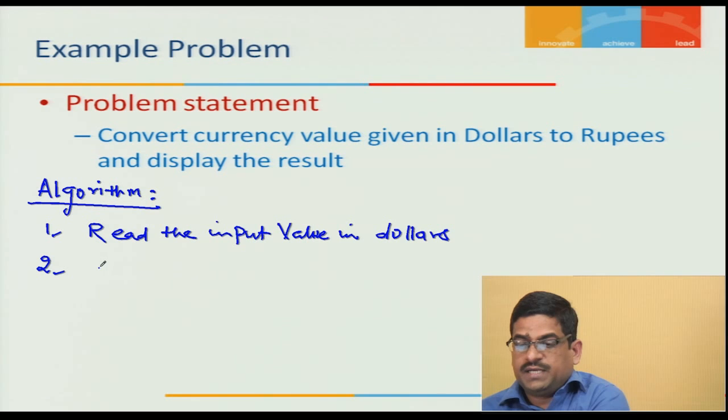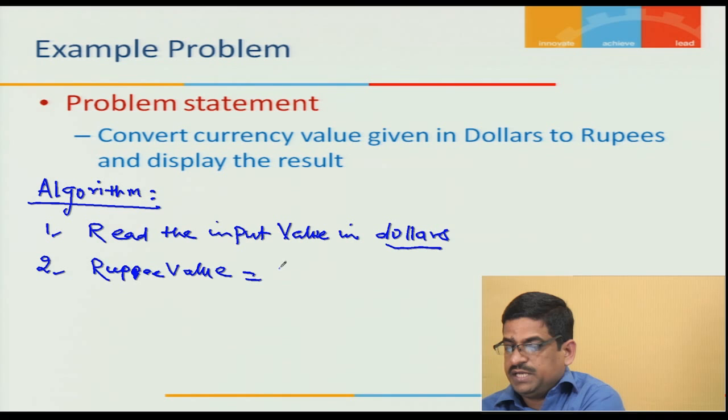Then the second step: I need to calculate the corresponding rupee value of that dollar. So the rupee value equals the exchange rate, I am writing it completely, multiplied with the dollar value.